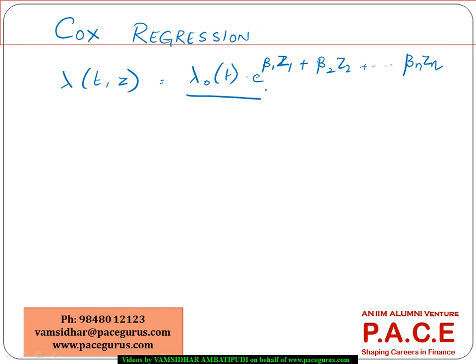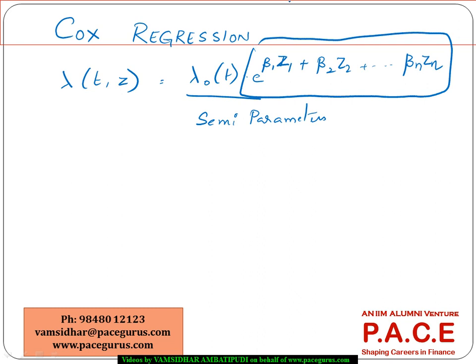And what we are seeing here is what we call a semi-parametric model. Why? Only some portion of it has parameters. Only this portion has parameters beta 1, beta 2, but the baseline hazard doesn't have any parameters.